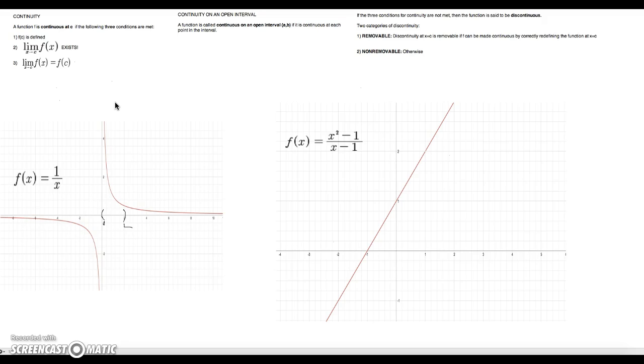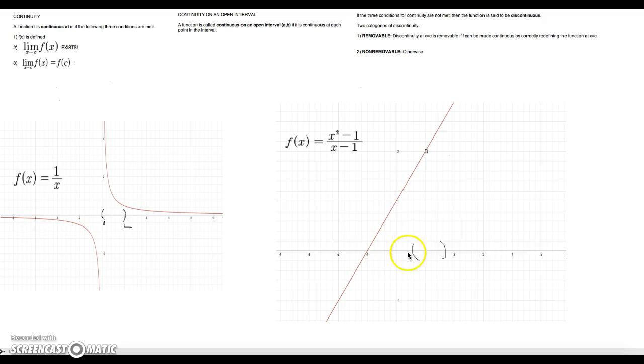Maybe we can look at this example here. For this function, I hope you can notice the small hole here. Is this function continuous? Let's look at it near 1.